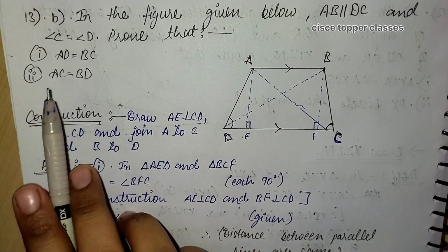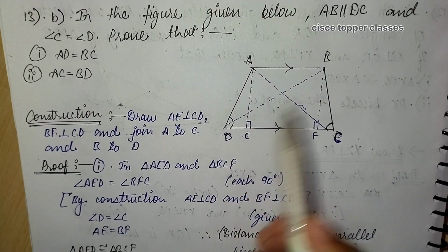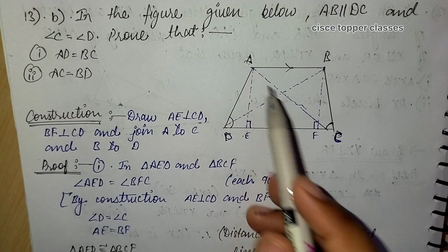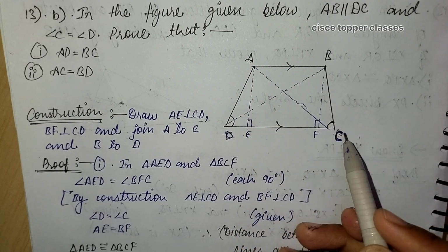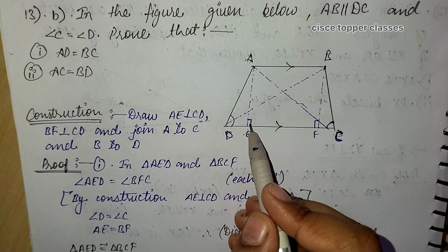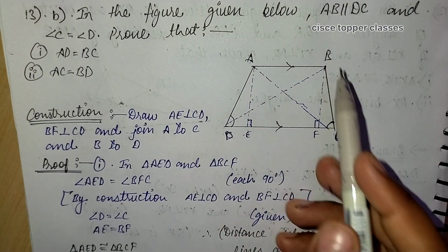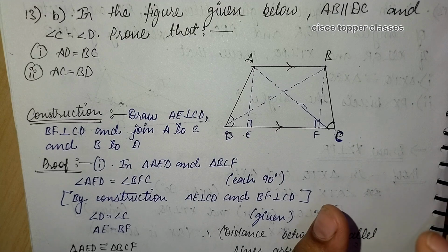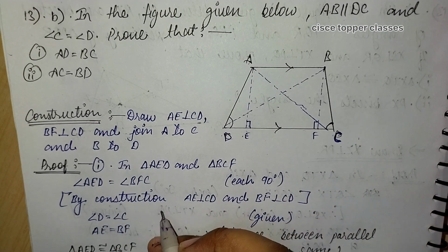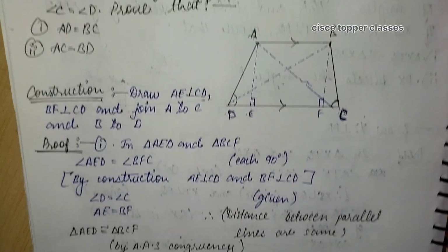To prove the first part, AD equal to BC, we can firstly prove these two triangles AED and BFC equal. Since these are perpendicular, angle AED and angle BFC are each 90 degrees, so these two angles are equal. By construction, AE is perpendicular to CD and BF is perpendicular to CD.